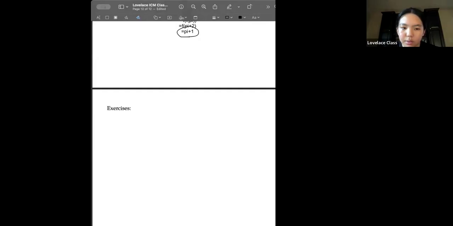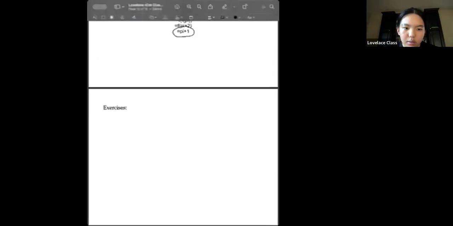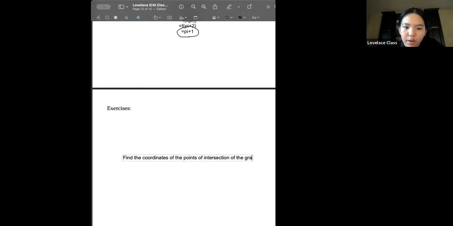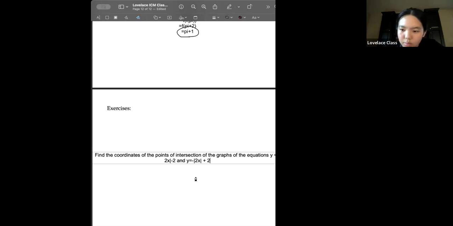All right, so the last exercise we're going to do is 11. Find the coordinates of the points of intersection of the graphs of the equations y is equal to the absolute value of 2x minus 2 and y is equal to negative absolute value of 2x plus 2.